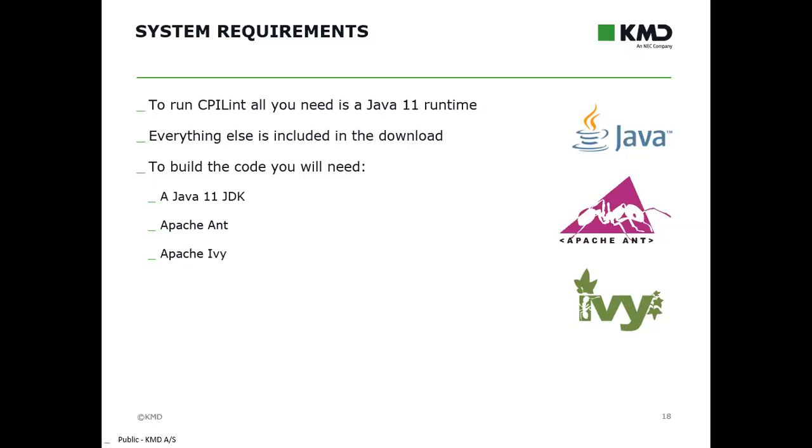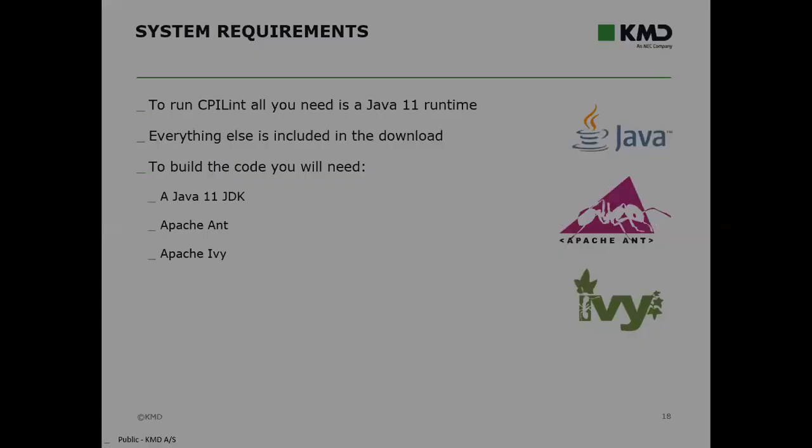Everything else is included in the file that you download. If you want to build the code and play around with it, you'll need some more stuff. You'll need a Java 11 JDK for the compilation, Apache Ant for the build process, and Apache Ivy for the dependency management. But if what you want to do is run the tool and use it, you only need the Java 11 runtime.